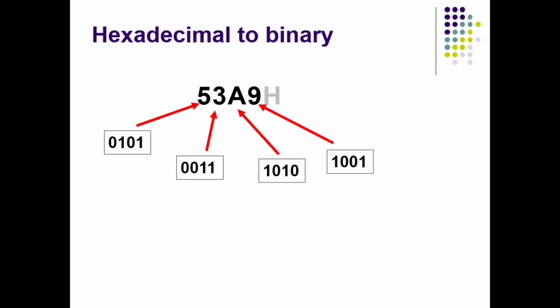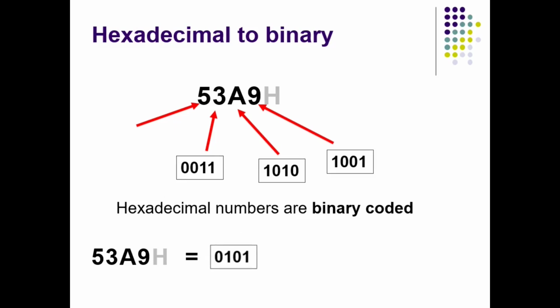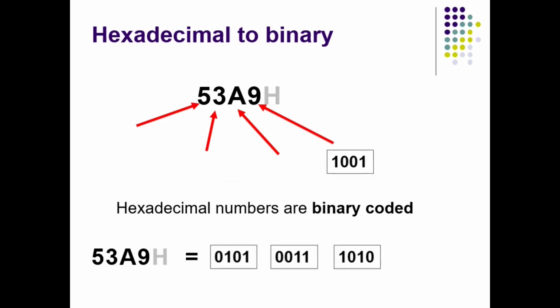But how to convert that entire 53A9H into binary? That's very easy. These hexadecimal digits are binary coded. That means 53A9H altogether we write in binary as the binary representation of 5, the binary representation of 3, the binary representation of A, and the binary representation of 9.